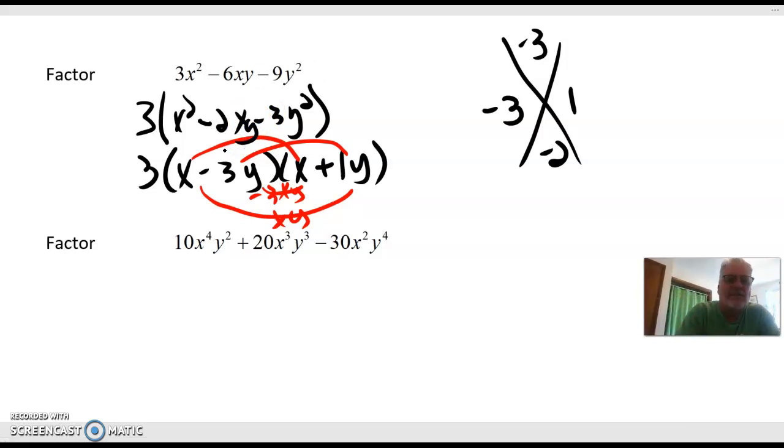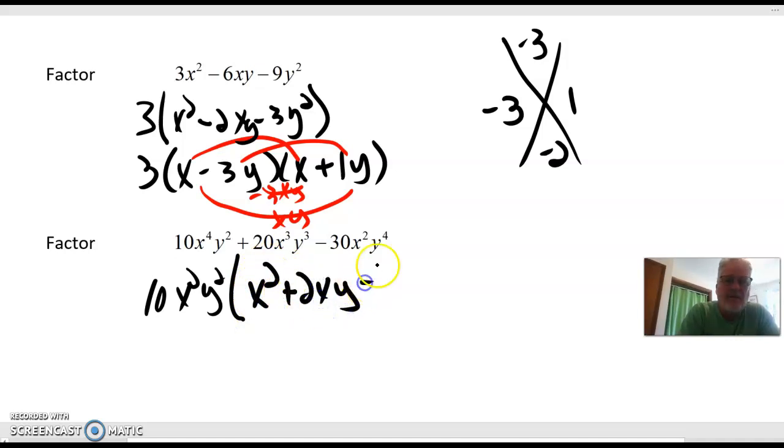Okay, so let's come down here and try another one. Here I'm going to factor out a 10x squared y squared. That's going to leave me with x squared plus 2xy minus 3y squared.